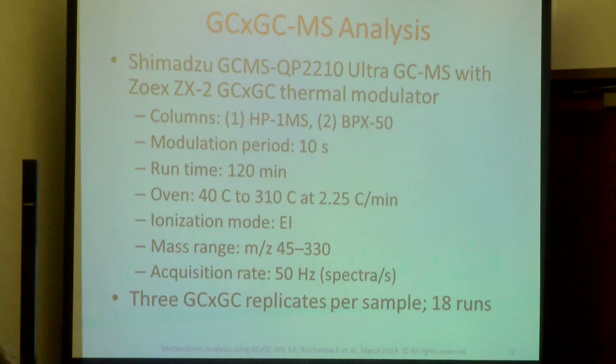Now in this case we were using the Shimadzu GCMS, which is not a high-res instrument, but we have since acquired data on a high-res mass spec instrument, which will allow us to do some work with elemental compositions as well. And there were 3 replicates per sample, so a total of 18 runs for the 2 classes, 3 experimental replicates and 3 chromatographic replicates.